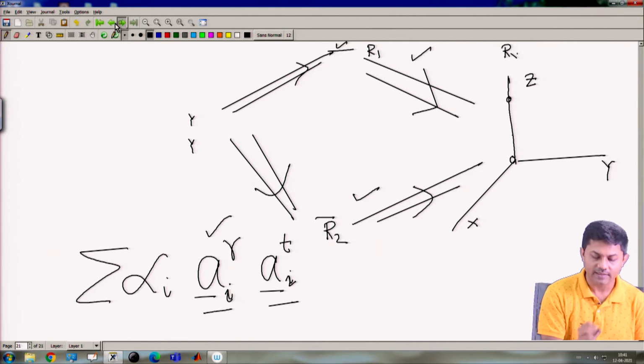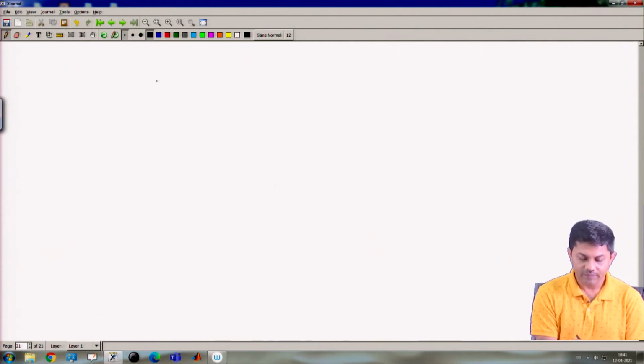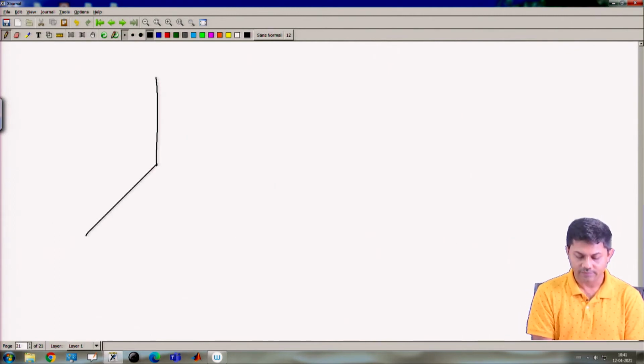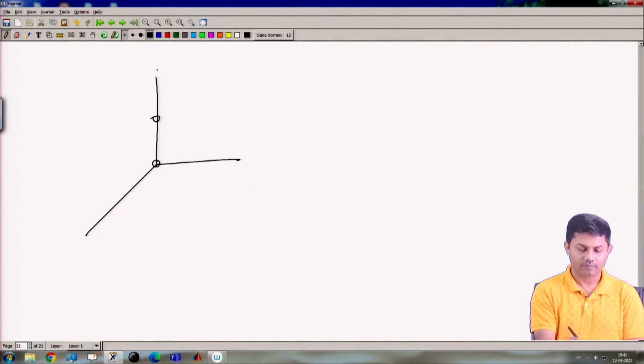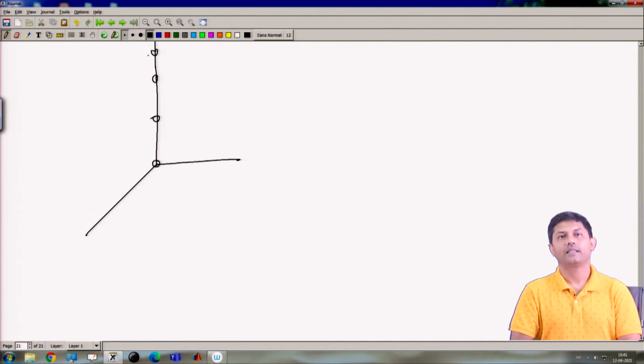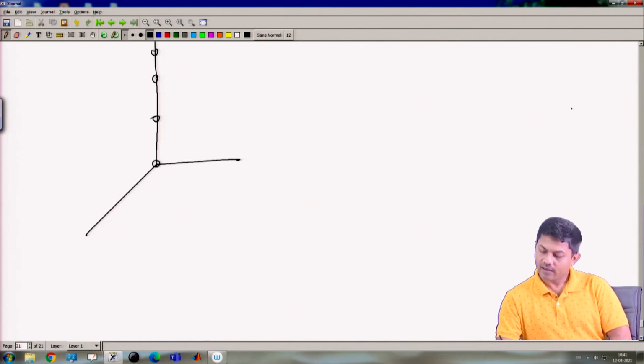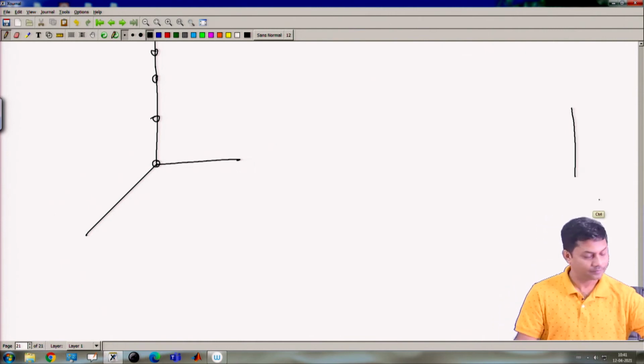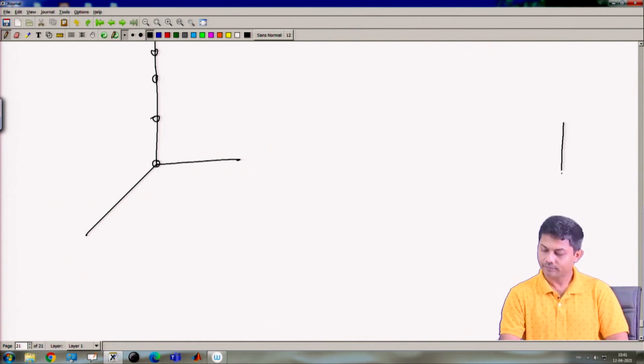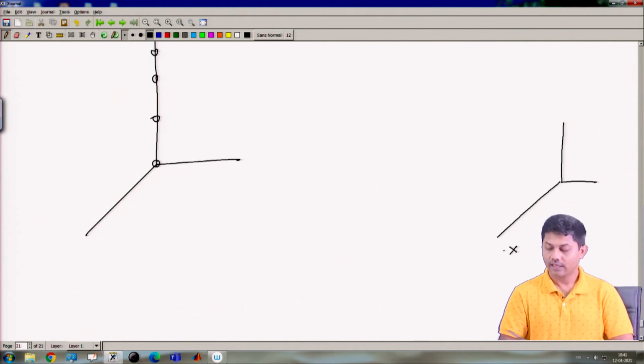So, let us take a simple example. Let us say my transmitter side has a configuration like this: four antennas in the z direction, whereas my receiver has a configuration only in the x direction, and that too only 3 antennas.